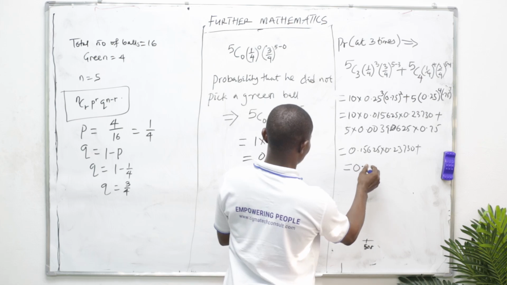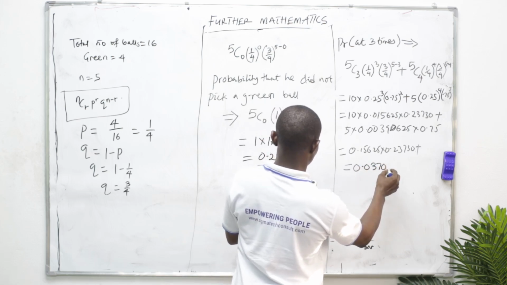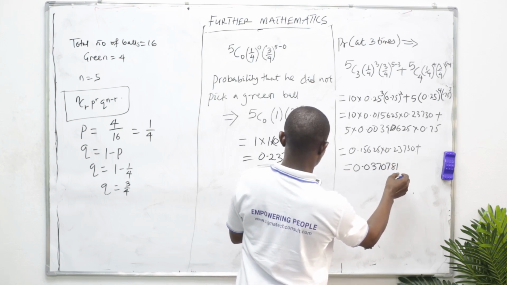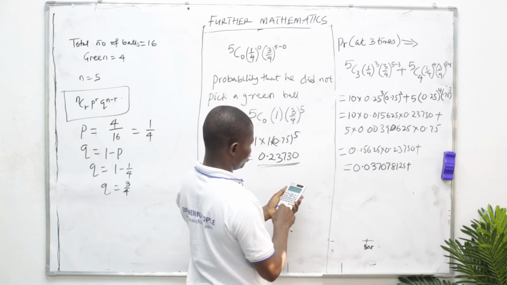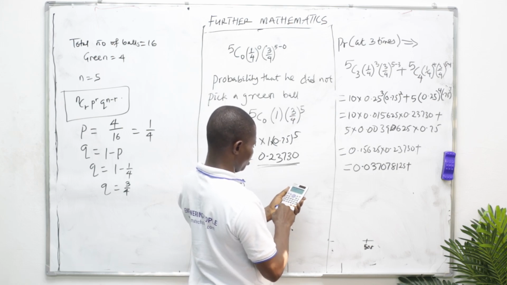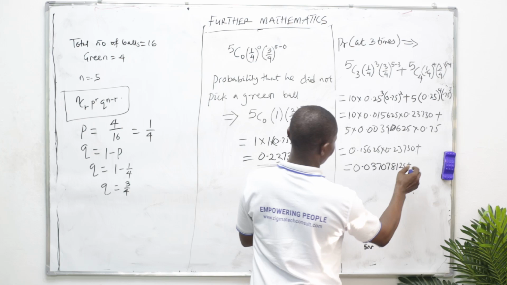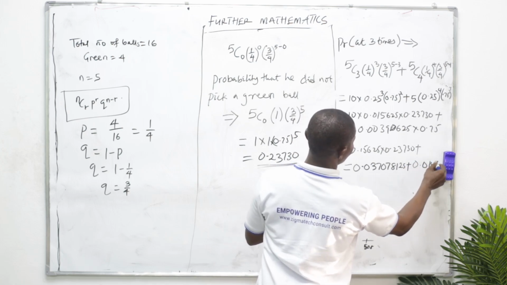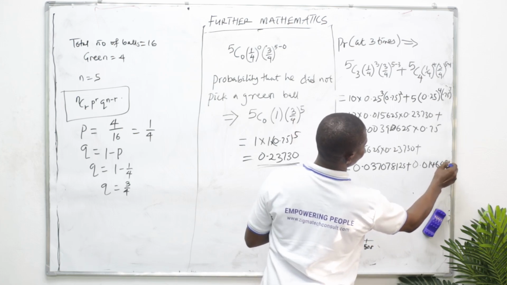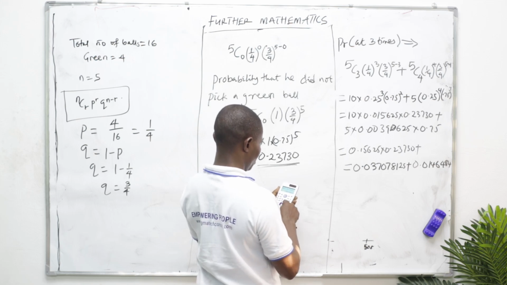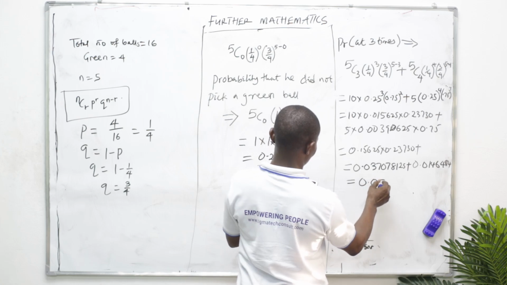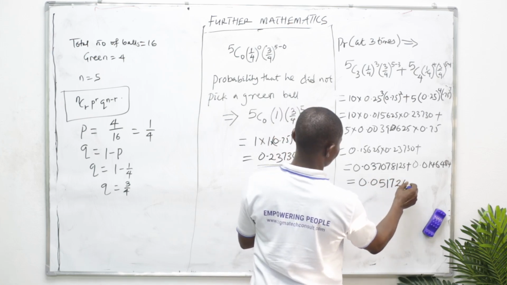That equals 0.037078125 plus 0.014648, which equals 0.05172656.